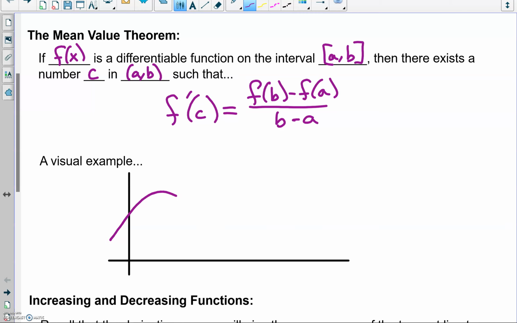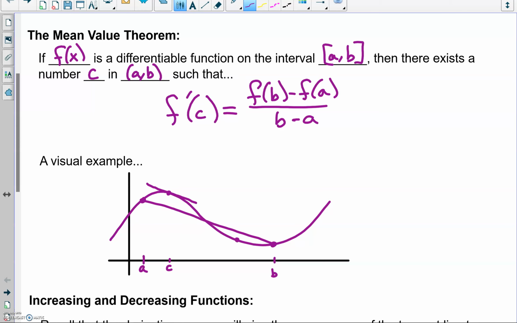Now visually, we can look at this in a graph, something like this, where maybe you've got your interval a to b going from here to here. And if you connect those two points with a straight line, that secant line, you get an average rate of change from the slope of that line. And then just looking at the graph here, there's a couple of places, here's one of them, where the slope of the tangent line, again that first derivative, is the same as the slope of the secant line.